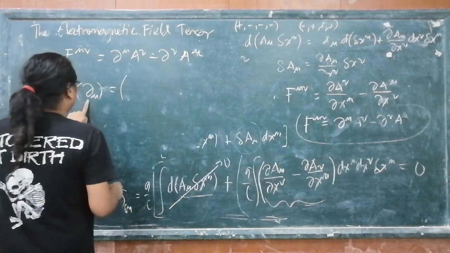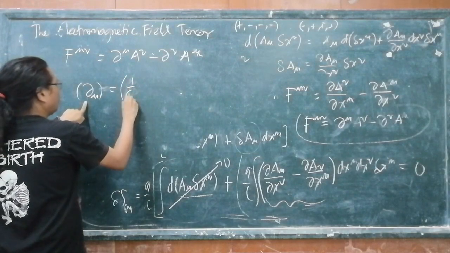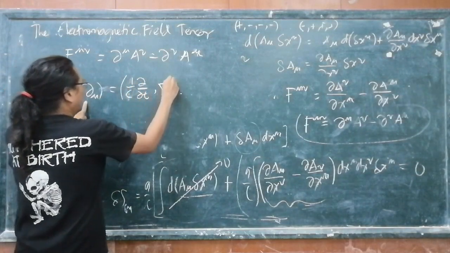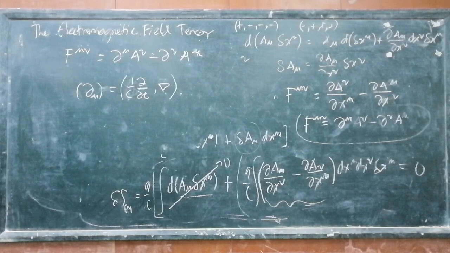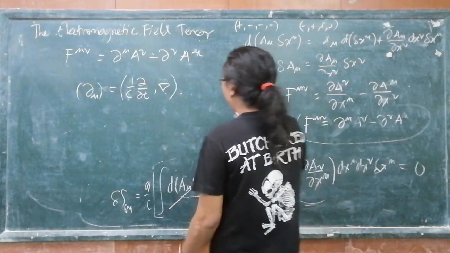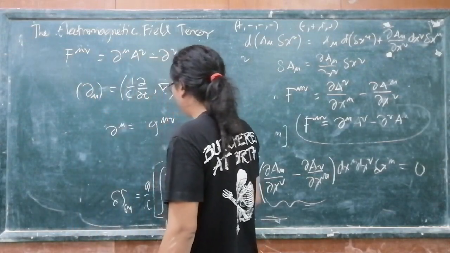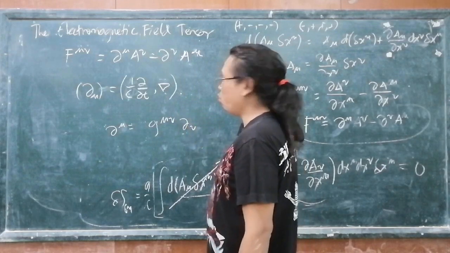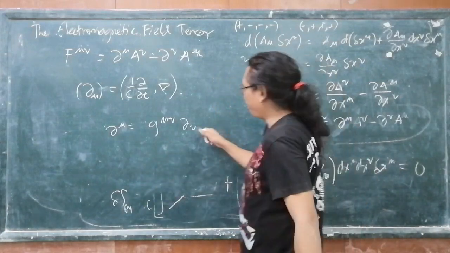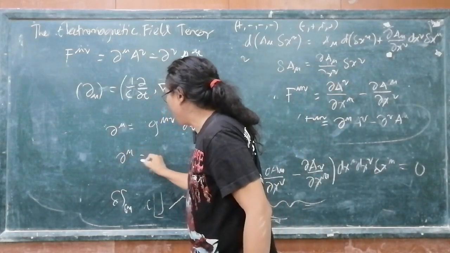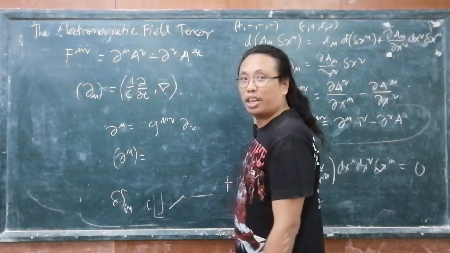Well, we define this as 1 over c, partial over partial t, then partial over partial x, partial over partial y, and so on. So what is now the contravariant version of this? ∂^μ would be g^{μν} ∂_ν, right?